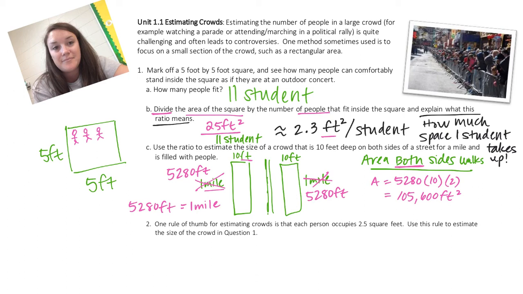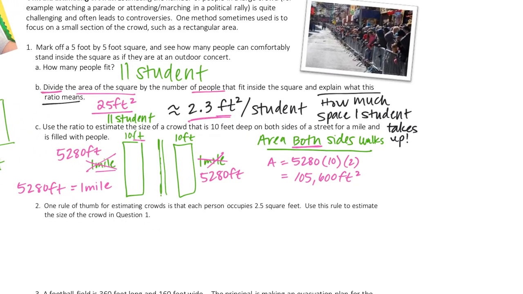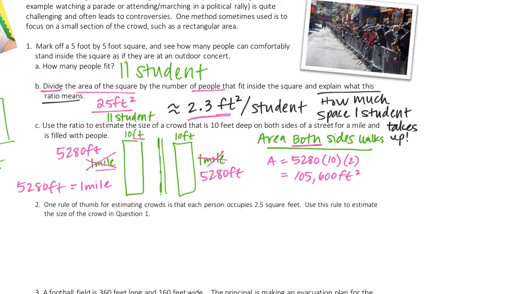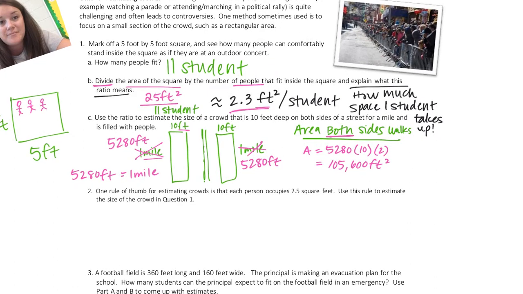And we need to set up a proportion. So if one person takes up 2.3 square feet, how many are we going to be able to fit into 105,600 square feet? So to do this, just like before, we took the area of the square and divided by how many students could fit into that square. Now we're going to take the area of the sidewalks and divide it by 1 student.